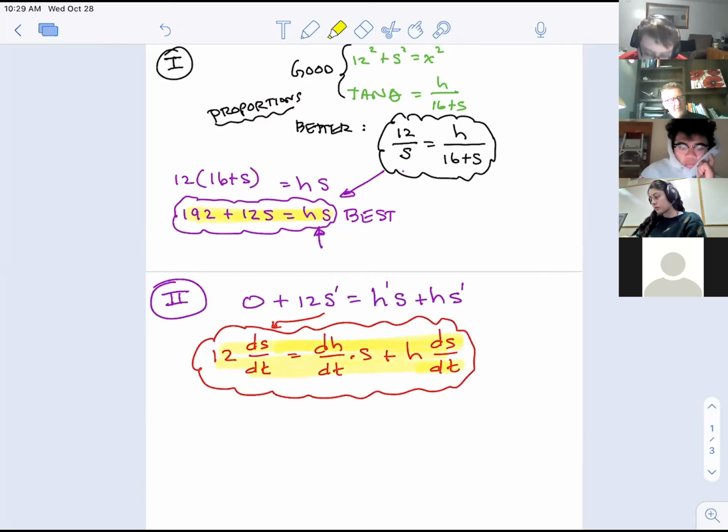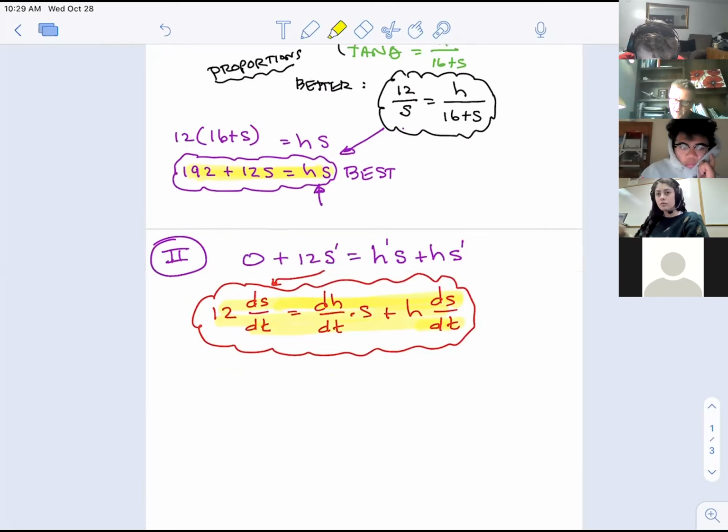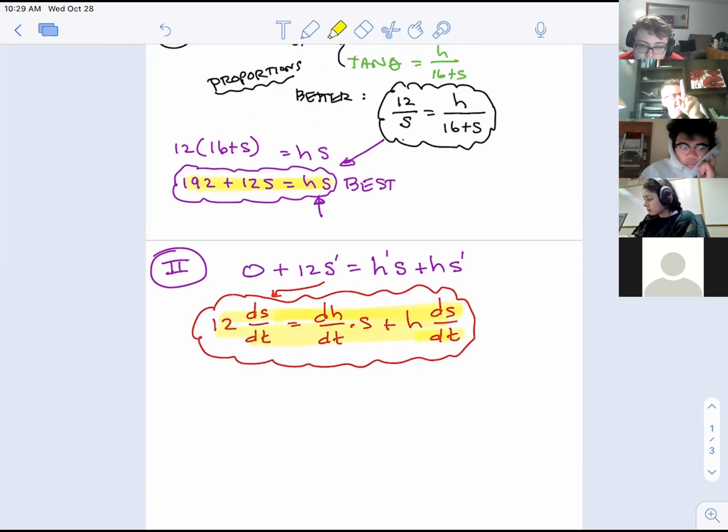How many unknowns are in that equation up there? Well, I see a ds dt, and that's in there twice. And I see a dh dt and an s and an h. I've got 4 unknowns. This is an equation with 4 unknowns. Wait, but don't we know dh dt? Yeah. And so now it just comes down to, if I know 3 of them, then I can always solve for the 4th.